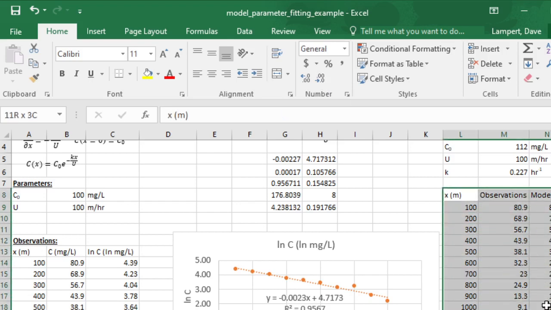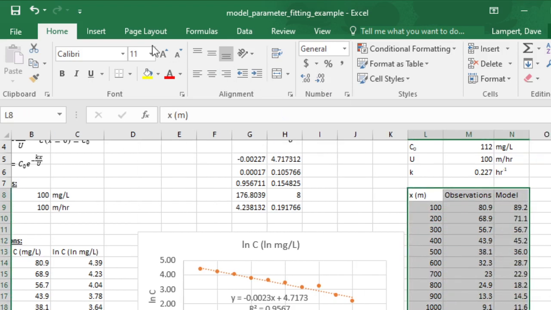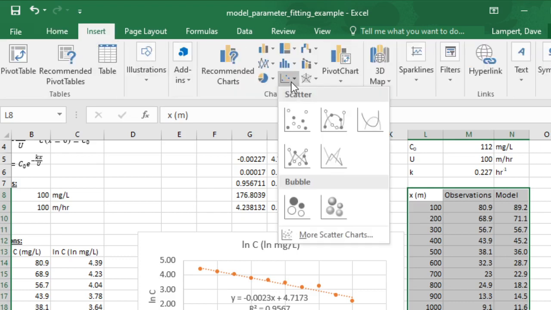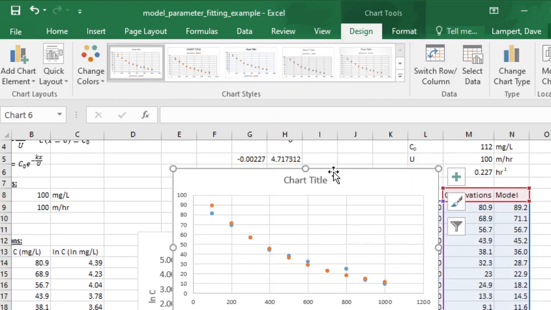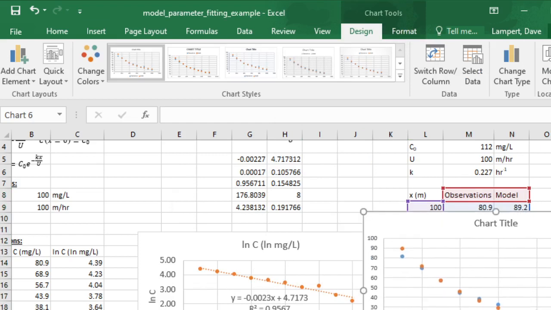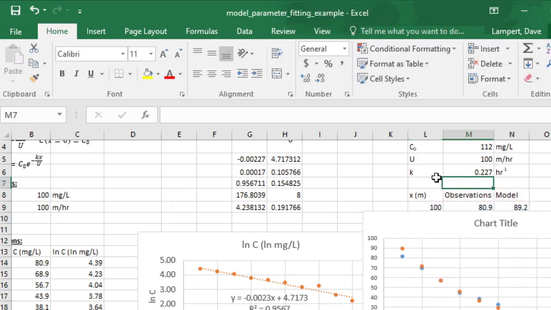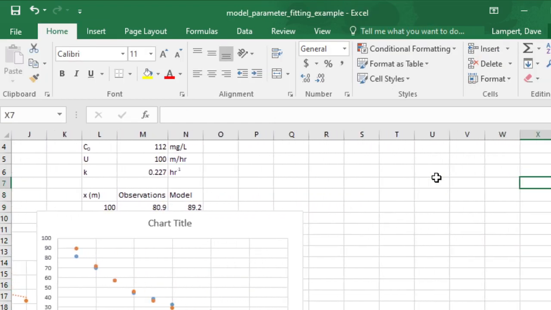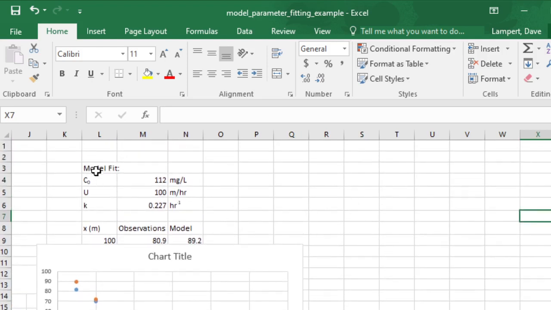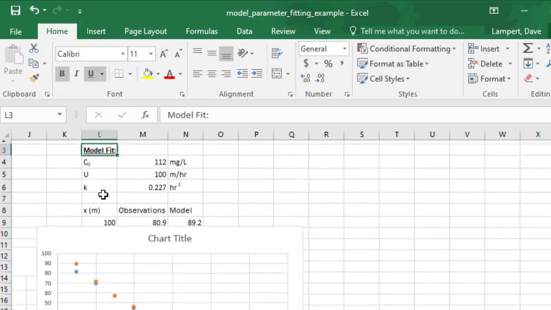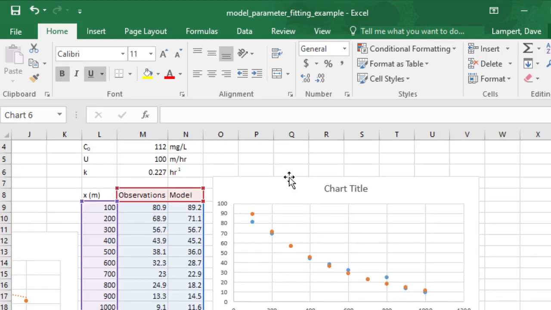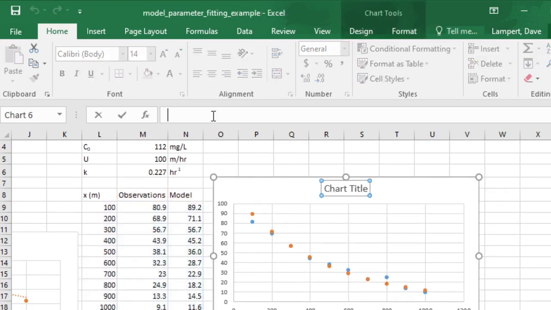And now we can quickly pull together another graph where we compare the goodness of fit. Let's just focus on this part of the graph now, model fit. Here's our model. And so we'll call it linear regression fit, or model fit maybe.